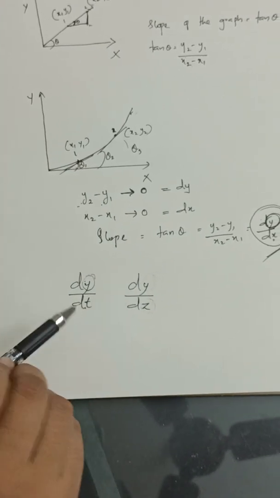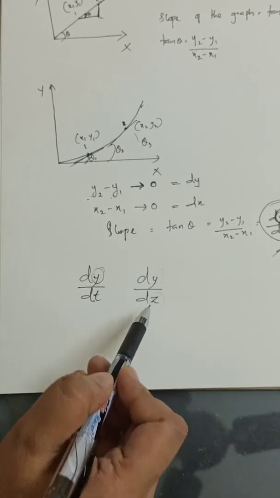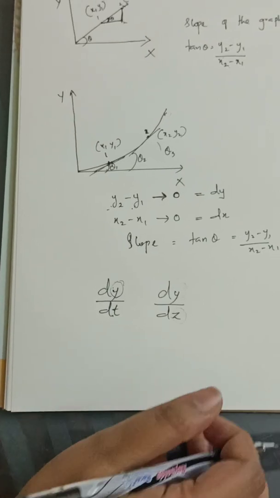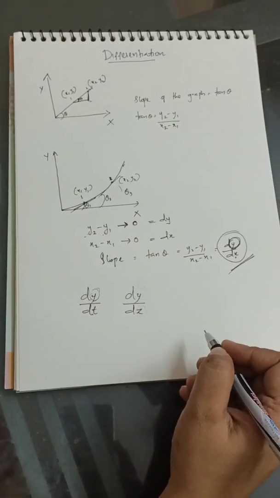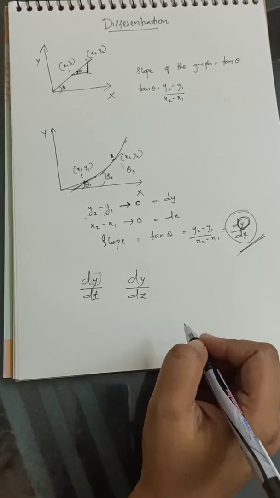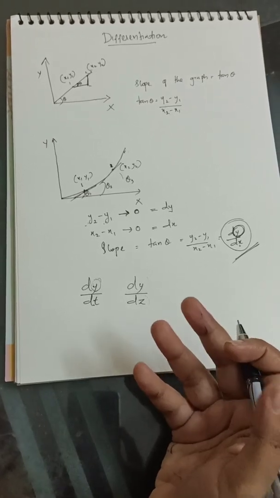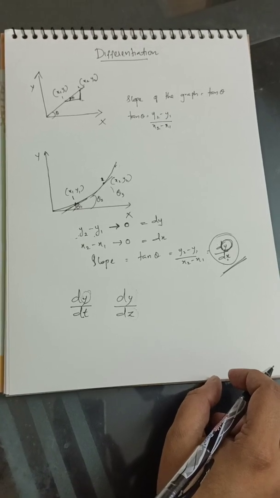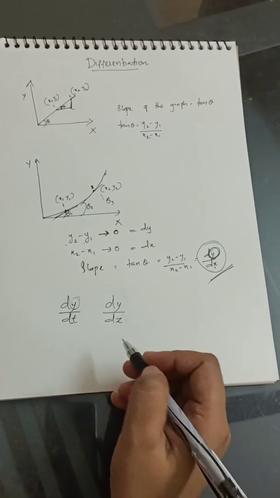So it is the rate of change of a function with respect to a variable. In physics, you might have studied that the rate of change of displacement is velocity. So again, differentiation: the rate of change of velocity is acceleration. Okay, so you can relate it with physics also.